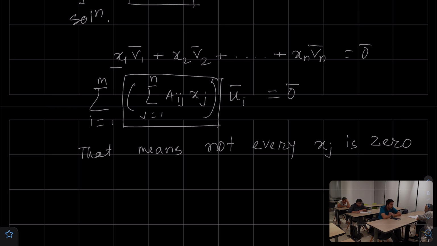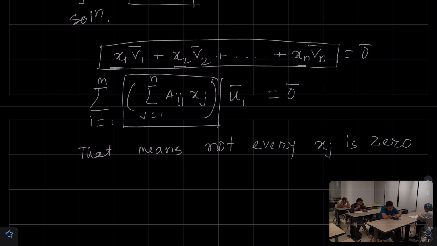So all these x's are not 0, but the linear combination of these is equal to 0.